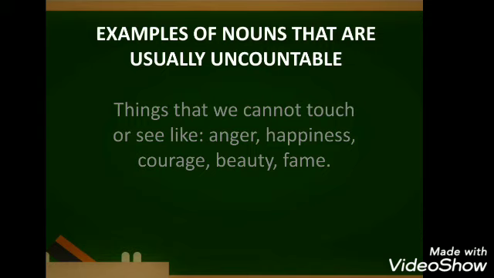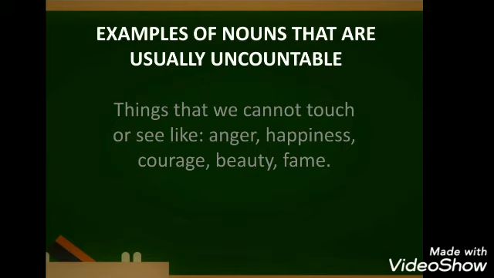We cannot say one happiness or two happiness. Nor can we use S or ES with the word happiness. Therefore, we cannot say happinesses. Plus, we cannot add the letters A or AN with the word happiness or any of these examples. Therefore, these are uncountable nouns.